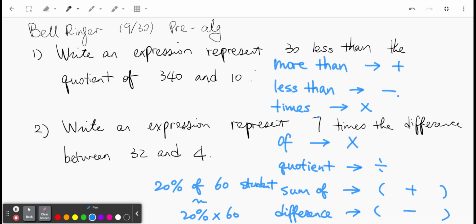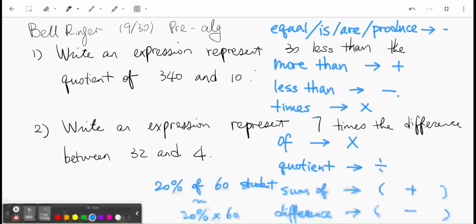And also, there are several words that indicate equal to. Words like equal, or is, or are, or produce. Some words like that all mean equal.